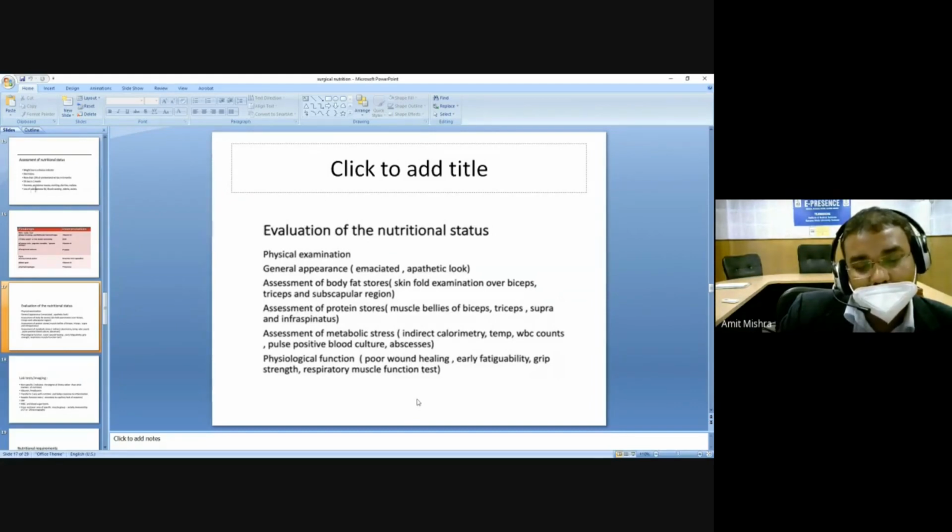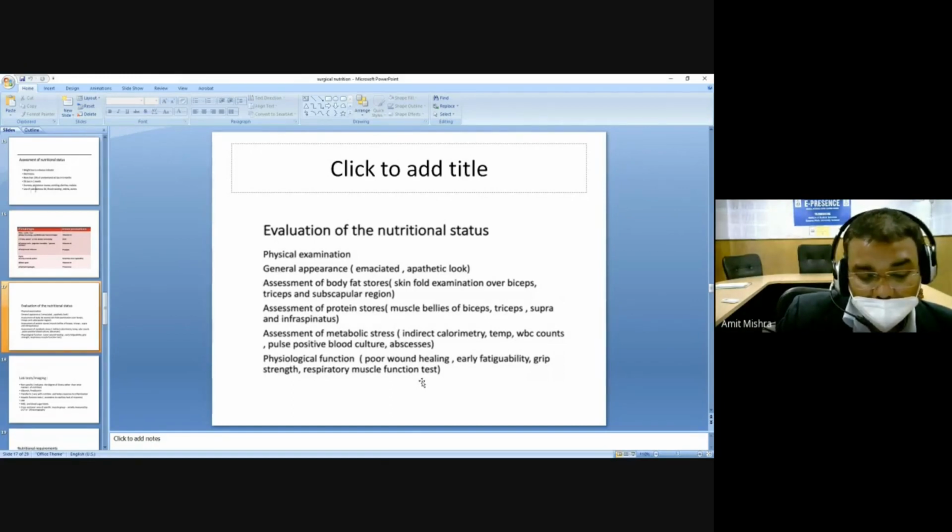This is where we rehabilitate the patient regarding nutritional deficiency, improving the strength of the patient and the body physiology to cope with the stress, making the patient normalized so as to minimize the stress.